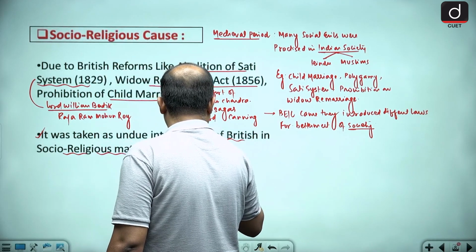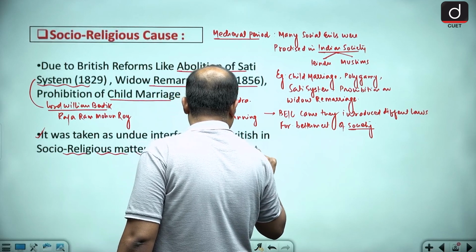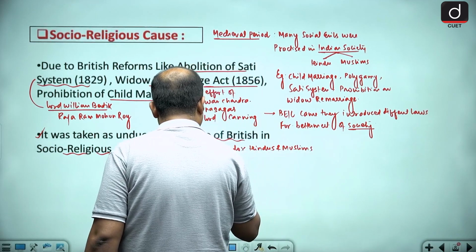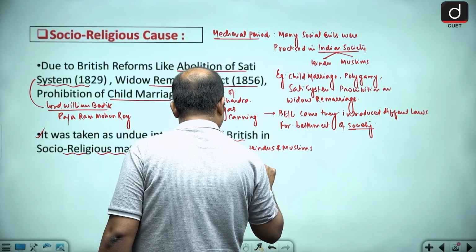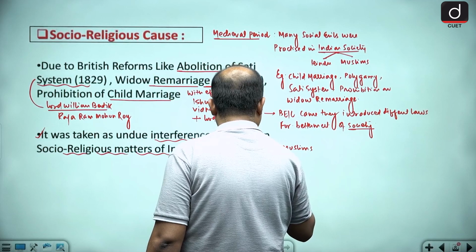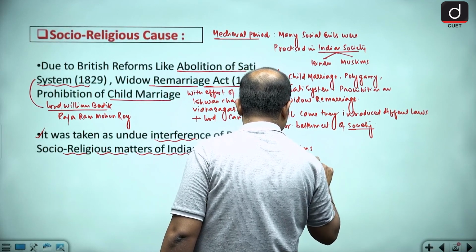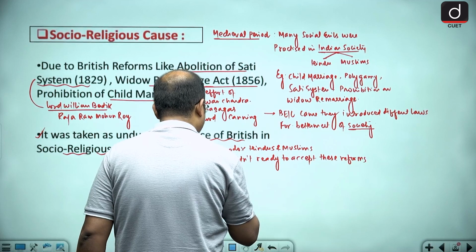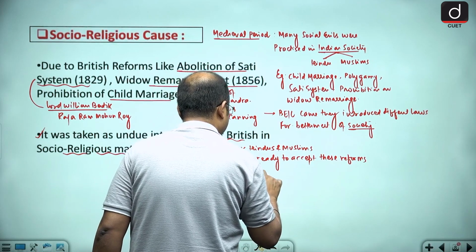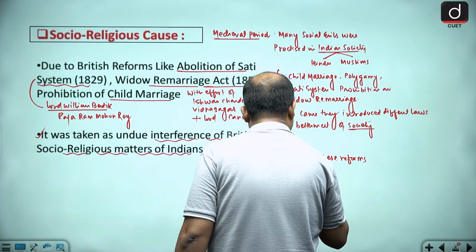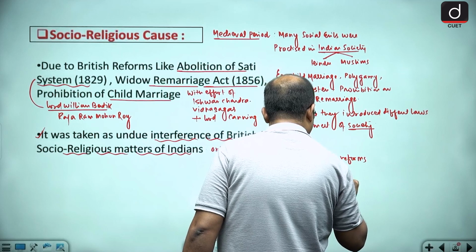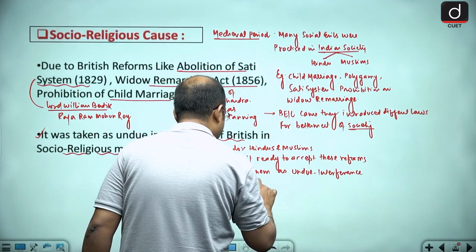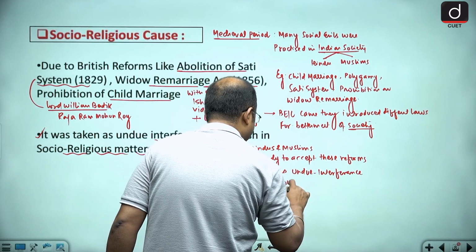So Hindus and Muslims were not ready to accept these reforms and took them as undue interference in social and religious matters.